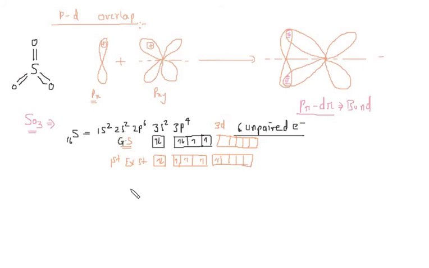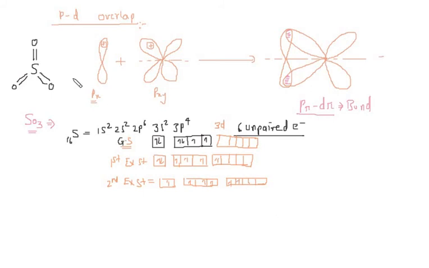But still there are only 4 unpaired electrons, so we'll proceed towards second excited state. Okay, so now we are having totally 6 unpaired electrons.